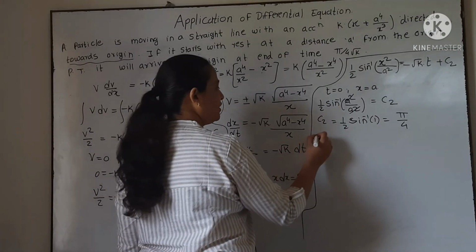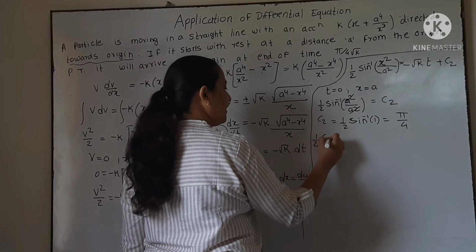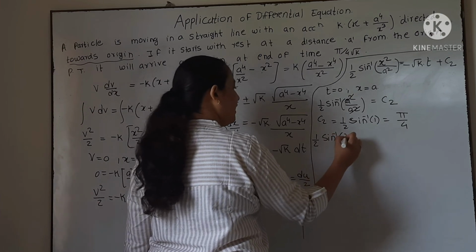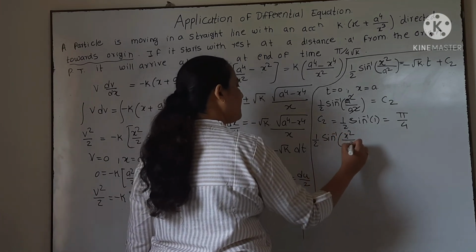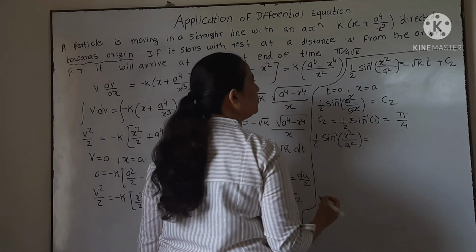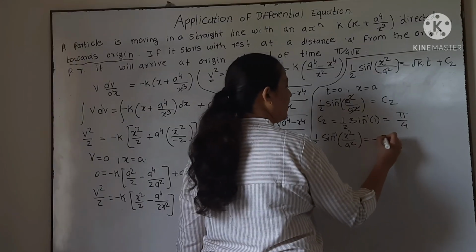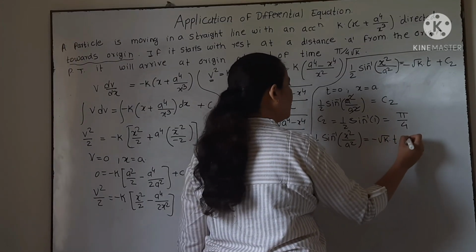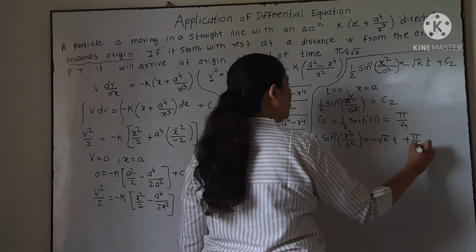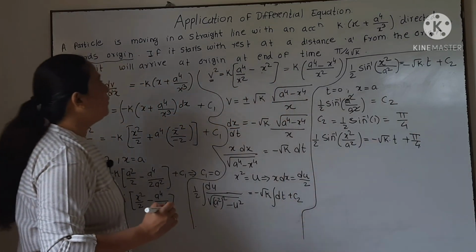If you substitute this value, you will get half sine inverse of x square upon a square equal to minus root k t plus c2, that is pi by 4. Now we want the time. When do we want the time?